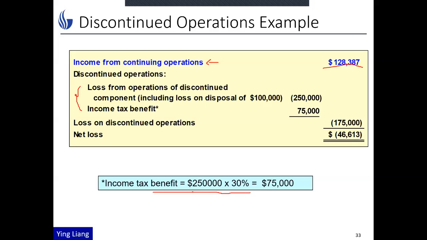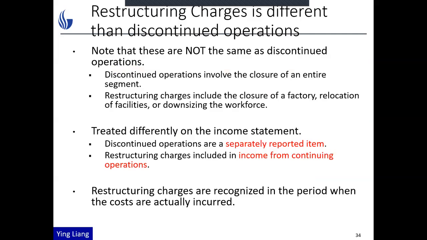This 75 is the amount that we can reduce from paying the tax. So the loss on discontinued operation is the net, which is negative 250 plus 75 equals negative $175,000. And then we also report the net, right? Finally, net income or net loss, which is the sum of 128 and the negative 175, which is a negative number. So eventually, this is how a discontinued operations example works.